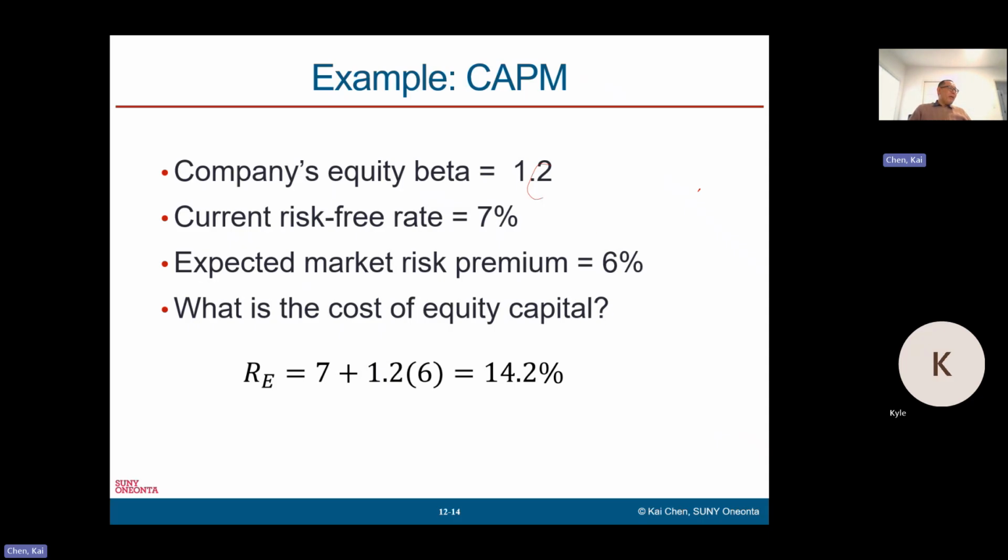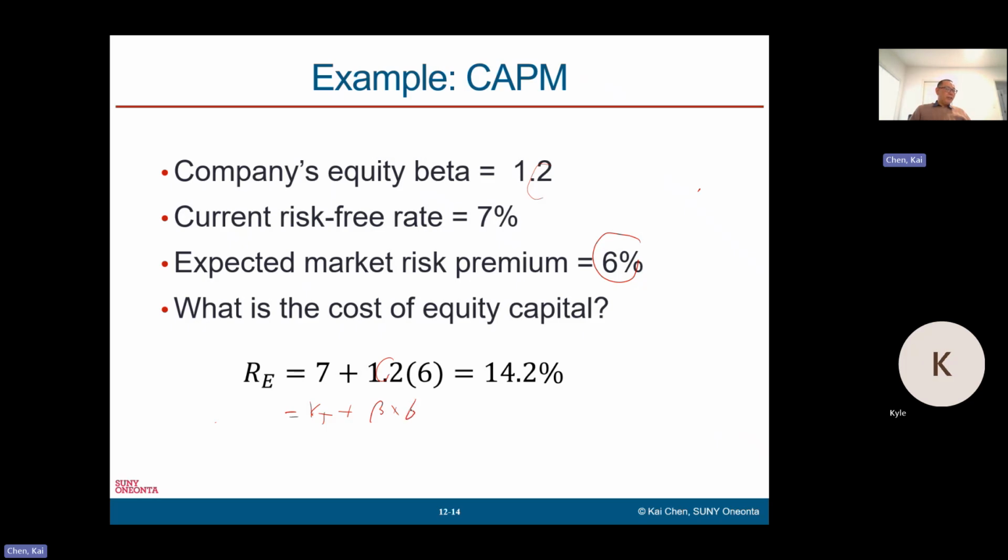Now we're going to use CAPM. The risk-free rate is 7%. Here in this formula, I use percent. 7% plus the beta of the company, which is 1.2, times the expected market risk premium, that is 6%.